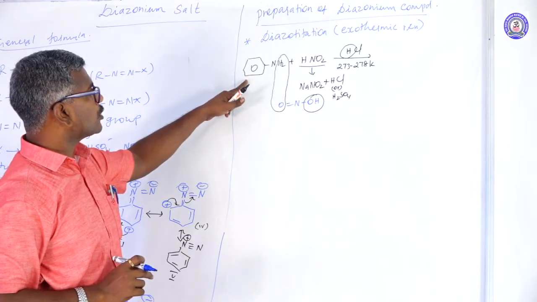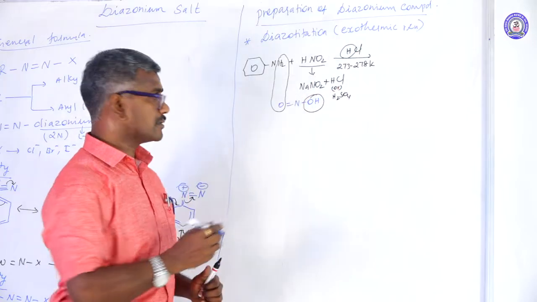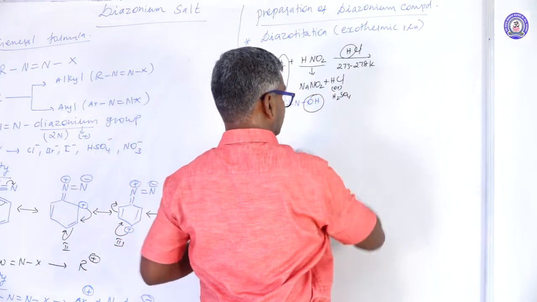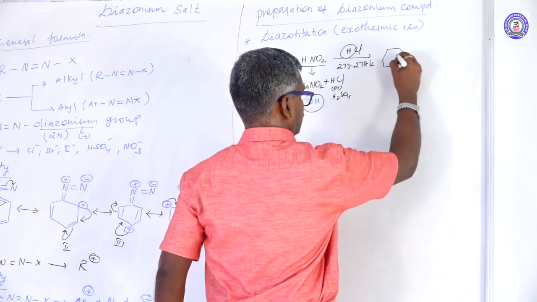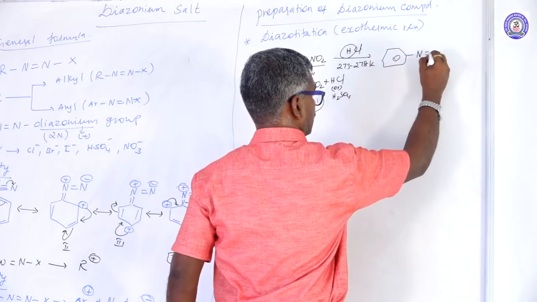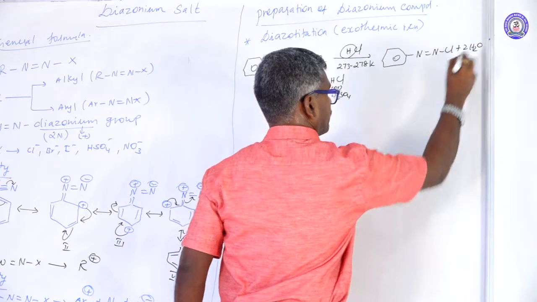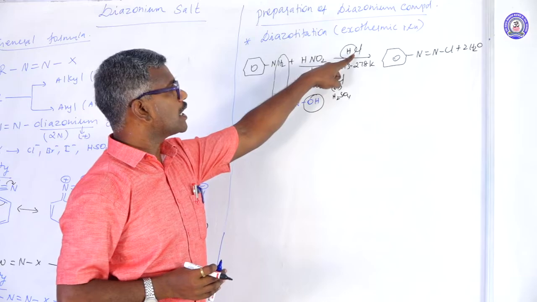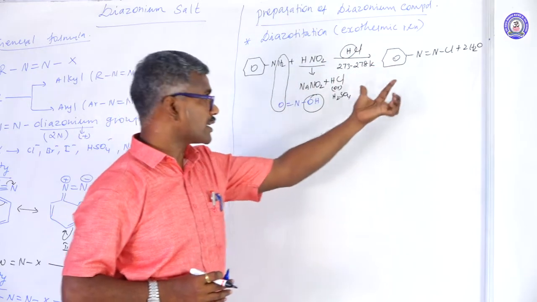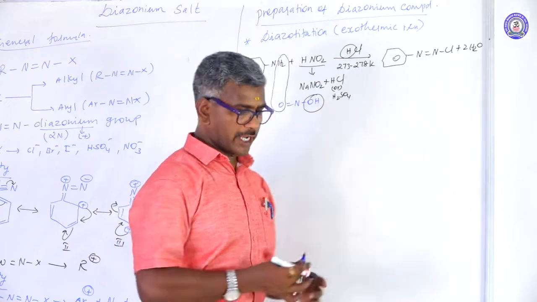Phenyl group N double bond NCl, with the formation of plus 2 times water. Here 1 water, here 1 more water, 2 waters. This is called benzene diazonium chloride.